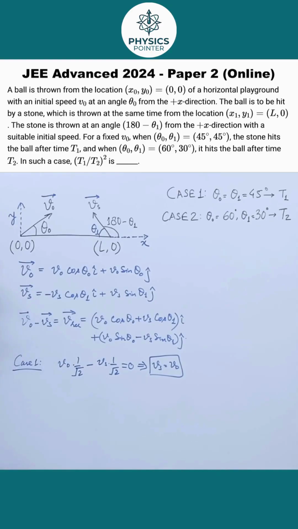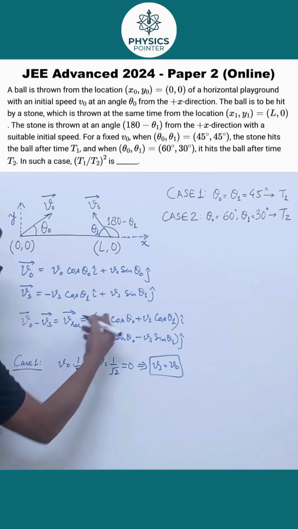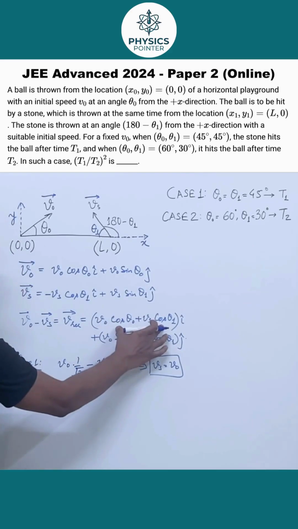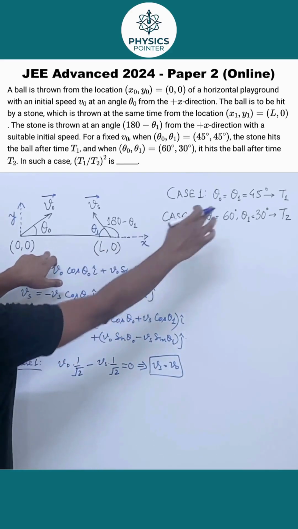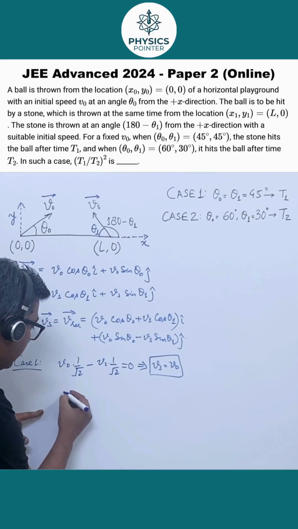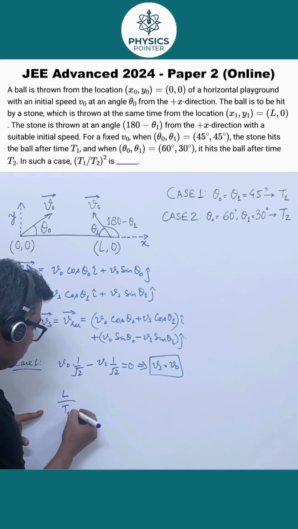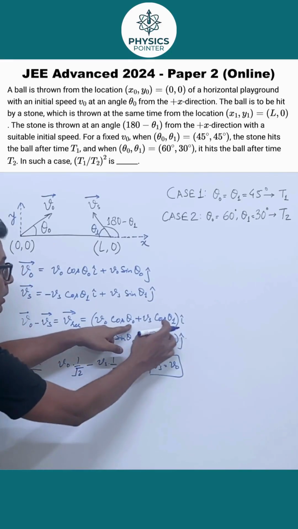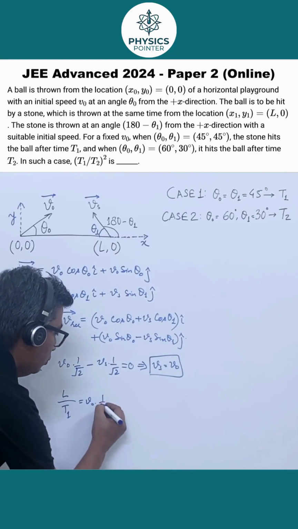We got one equation. Second thing, let's take this x component, and this x component travels the length L in time t1. That means L by t1 is equal to v naught, and again cos theta naught and theta 1 are the same, which is 1 by root 2.